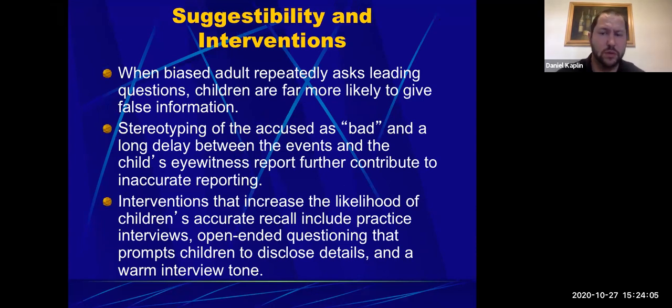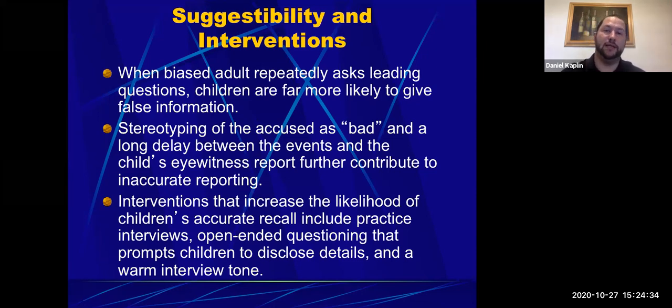We know children tend to be suggestible, pardon me. So if a person asks leading questions, children are going to be much more likely to report false information. This might happen in cases of divorce where one parent uses the child against the other parent and asks questions in a very negative light.